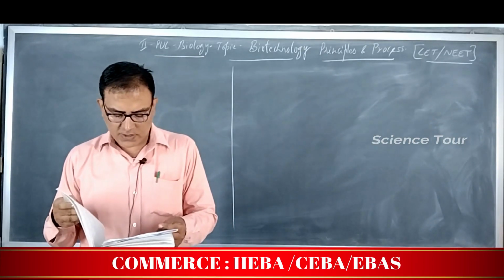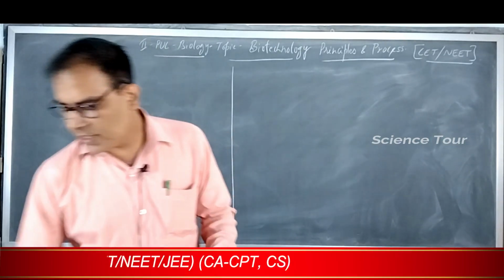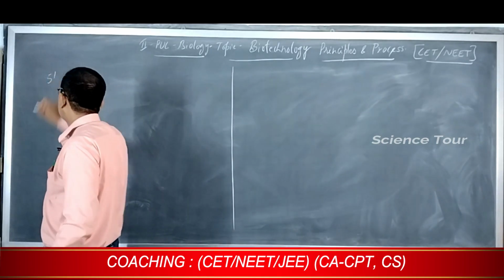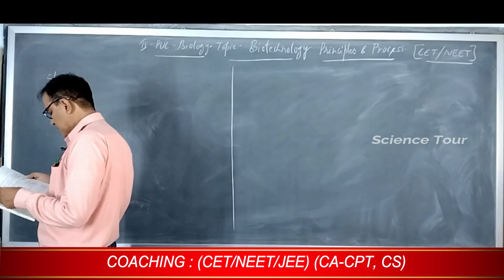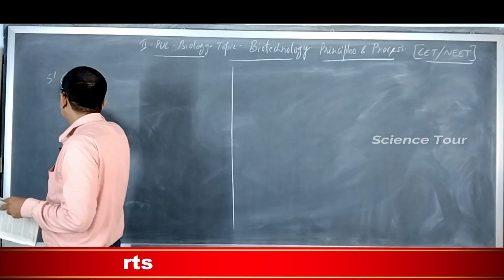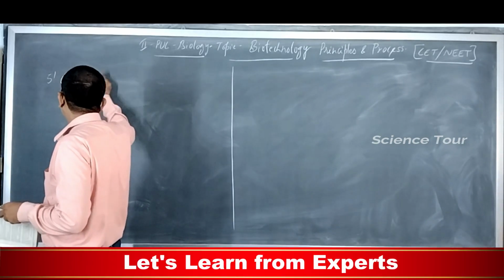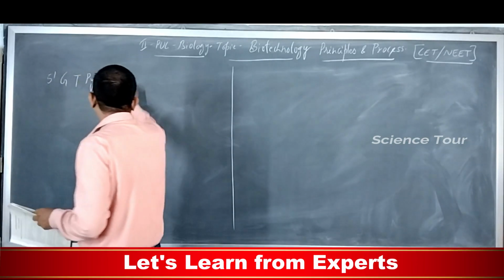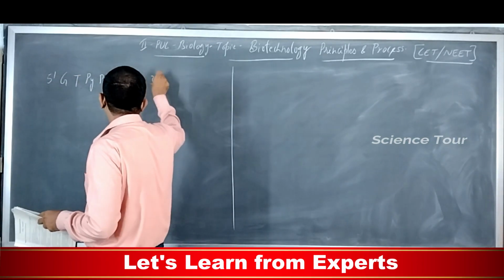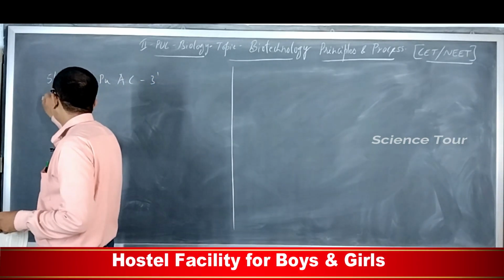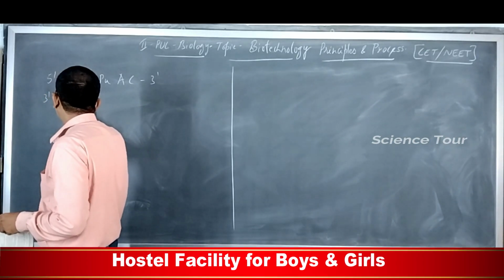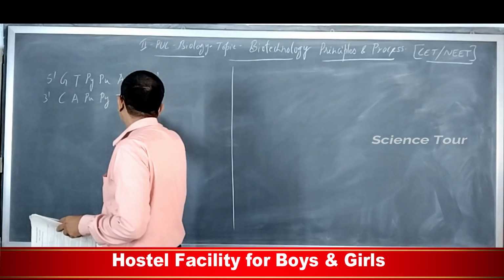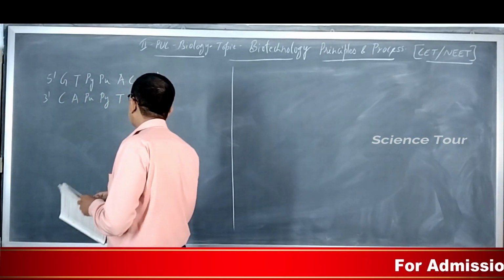For example, I write on the board: 5 prime, GT, then pyrimidine, then purine, then AC, 3 prime. Here 3 prime, CA, purine, pyrimidine, TG, then 5 prime.